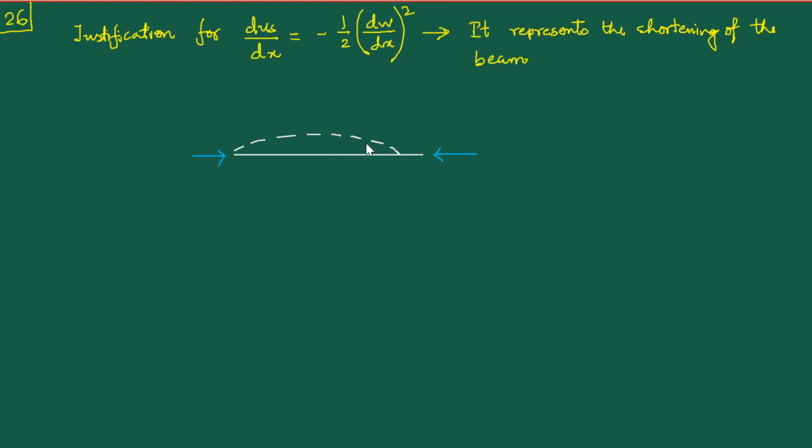Now, as a result of that, the two endpoints of the beam have come nearer to each other compared to what was earlier. So if the total length is L, the two ends have come nearer by a distance delta L. So when we say it represents the shortening of the beam, it doesn't really mean the actual physical shortening of the beam, rather the shortening in this sense.